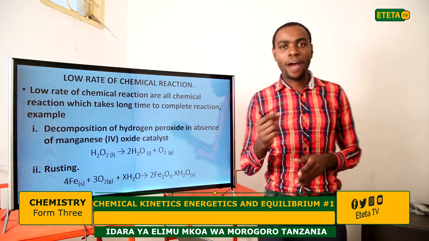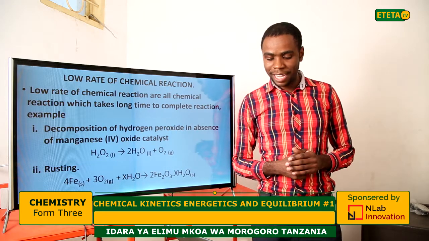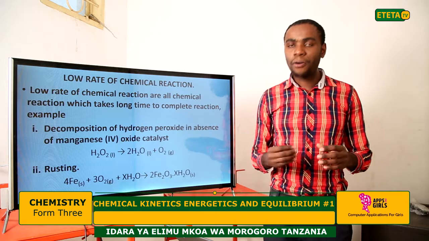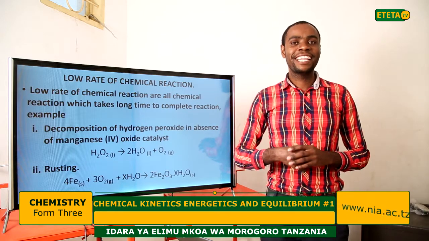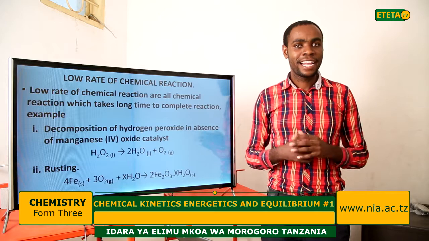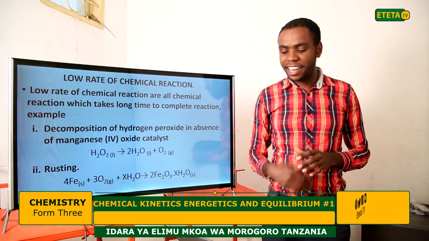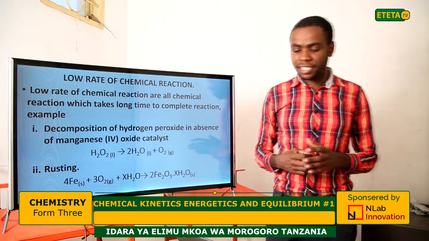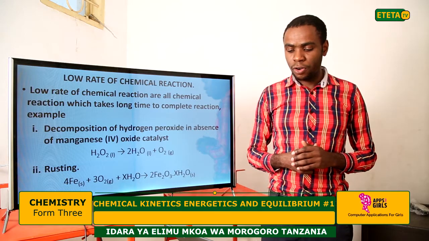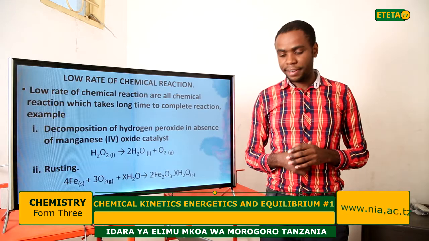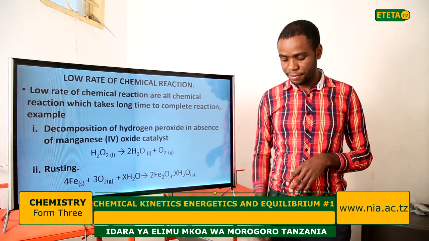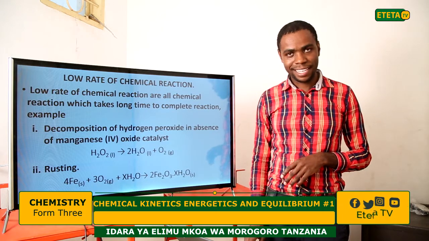So the formation of hydrated iron(III) oxide takes a long time. It can take a week, a year. So this is another reaction which takes place at a low rate of chemical reaction. Clear, students?